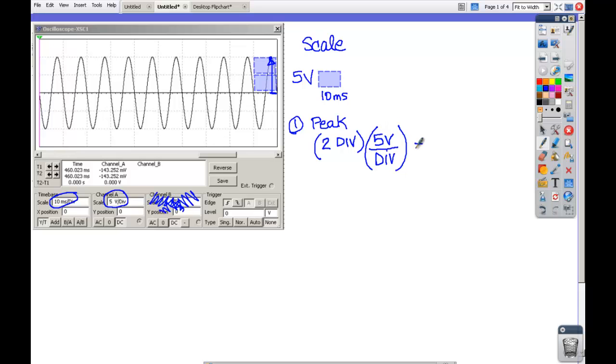And if we multiply that together, we should get our peak. Algebraically, right, the divisions are going to reduce away, and we're going to end up with 2 times the 5 volts for a total of 10 volts.